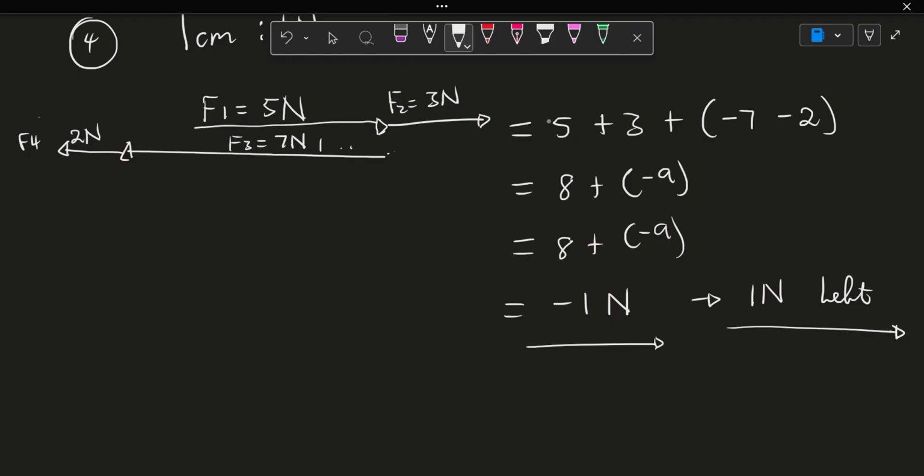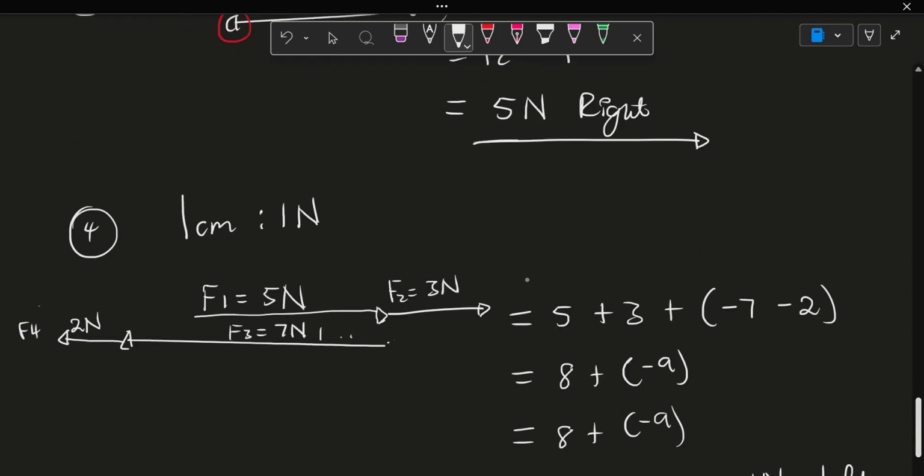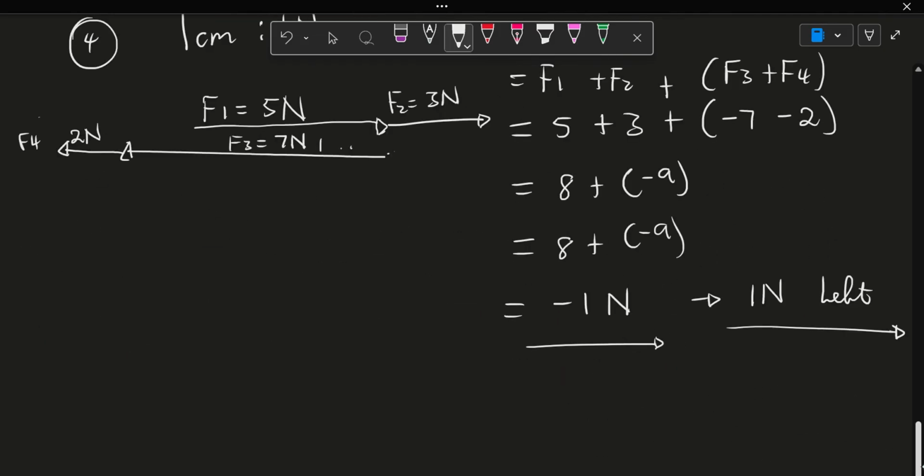And then to answer your questions, all you would do is say force 1 plus force 2 plus force 3 plus force 4. And that would be that right there.